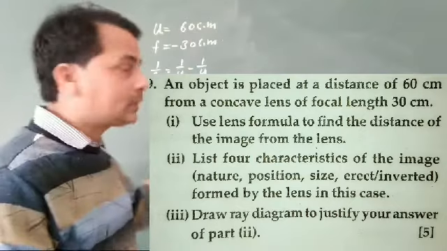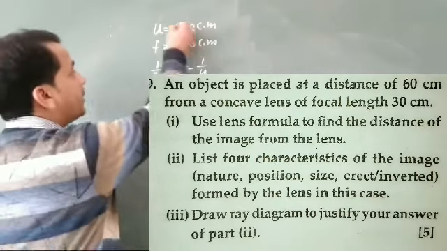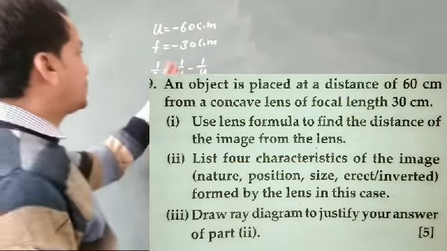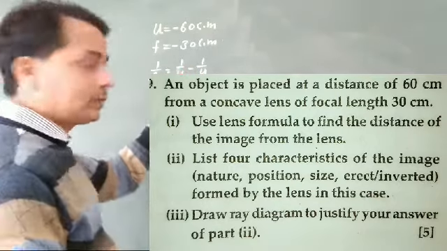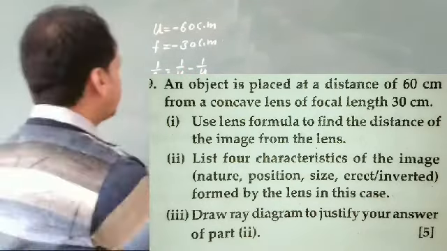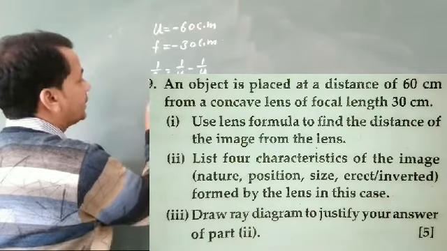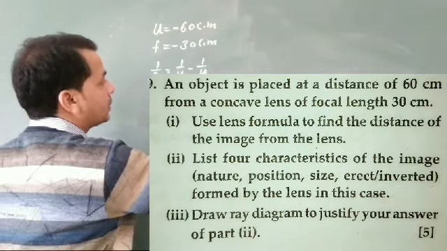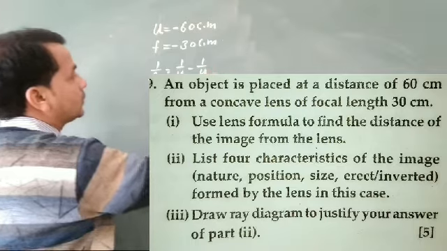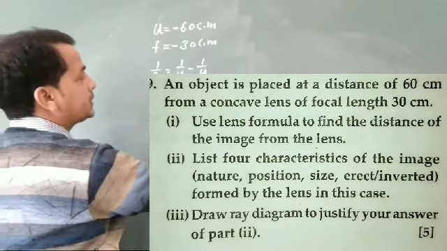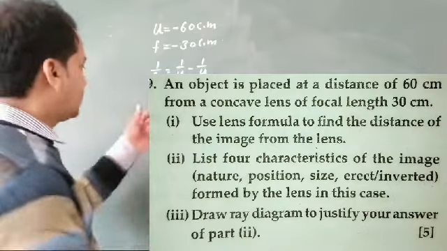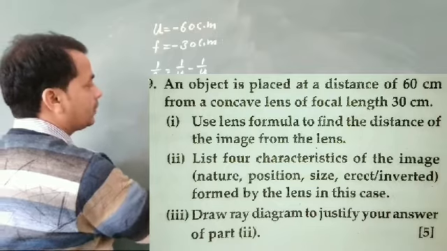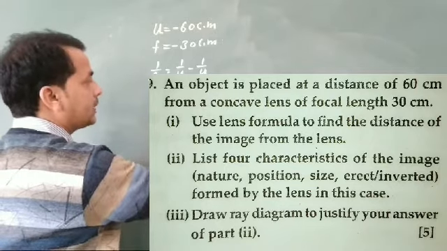According to the sign convention, the object distance is minus 60 centimeter. So put the values in the lens formula: 1 by minus 30 equal to 1 by v minus 1 by minus 60.